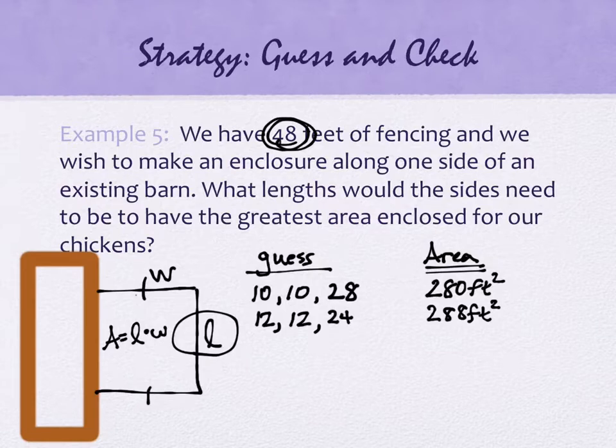All right, I need another guess. 15. So I do 15 and 15. That's 30. What's left? 18. All right. What would the area be if I had 15, 15, and 18?